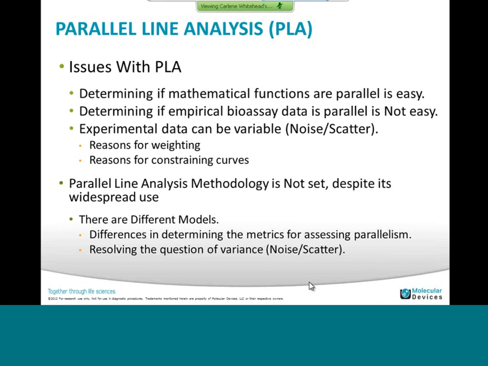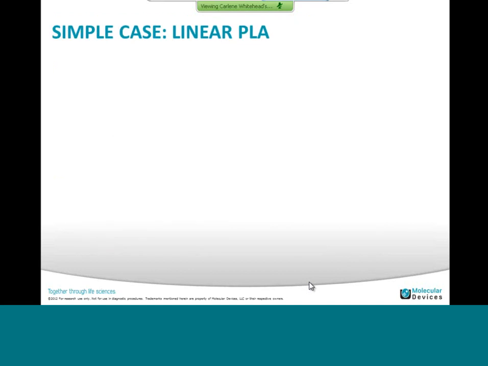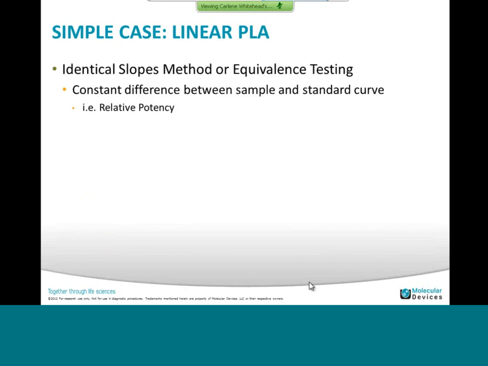There are also different methods and different models, and the differences lie in determining the metrics for assessing parallelism and in resolving the question of variance, that is, how the results behave when there is enough noise and scatter. First of all, let's see the simple case, when we have linear curves. In that case, we will define parallelism with the identical slope method or equivalence testing.